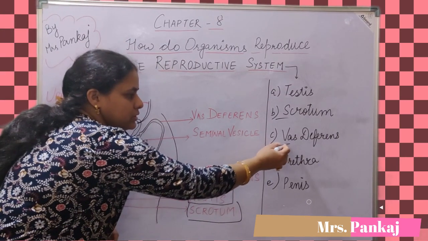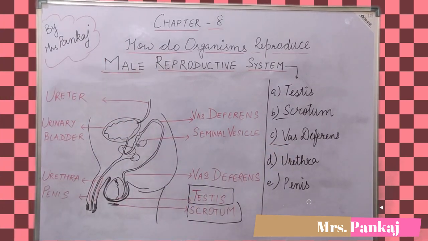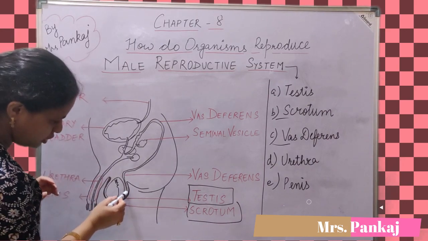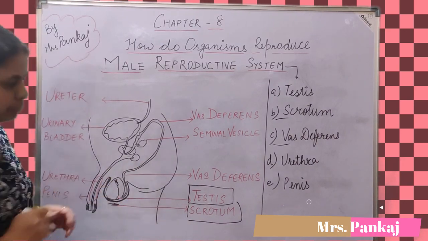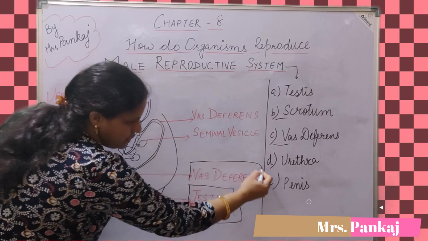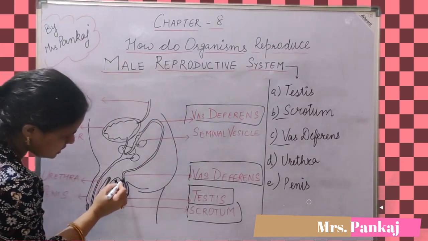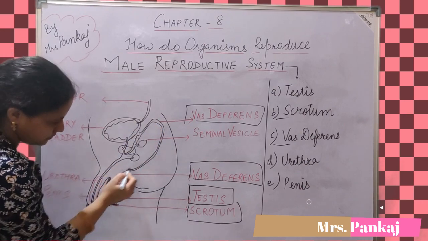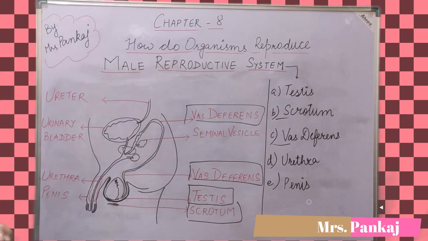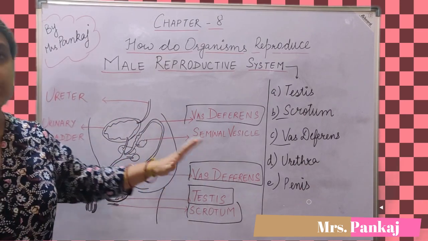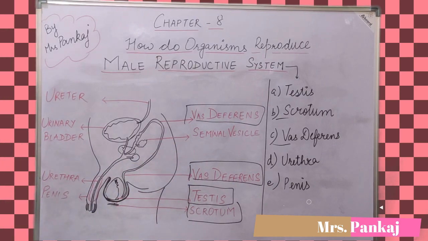Now the third thing is vas deferens. This is nothing else but a tube which arises right from the testes. See, it is labeled here also and here also, because this is a single tube which is going through. What is the function of this tube?